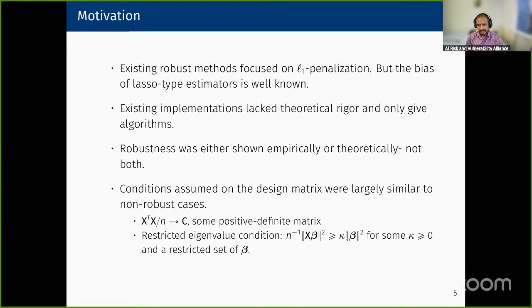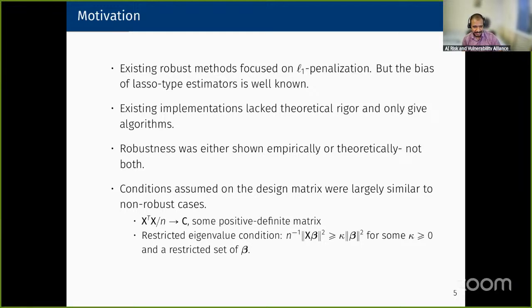But the other reason, once we dove deeper into the problem, is that most of the methods we had seen in the literature until now actually assume non-robust design matrices, in the sense that the same kind of conditions that we all know have been used for standard linear regression, or sparse regression, are the conditions people use to propose methods for robust estimation in this situation as well.